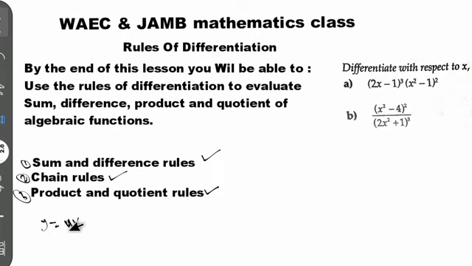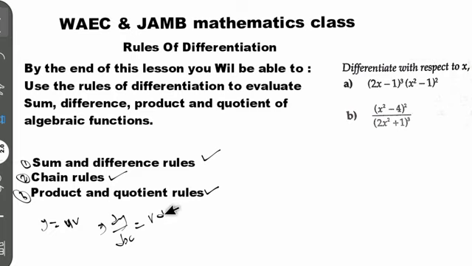Now when you are differentiating this with respect to s, what you have to do is leave the second term v constant and differentiate u with respect to s.